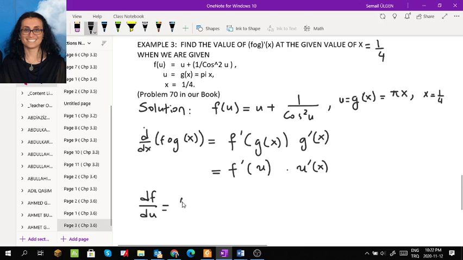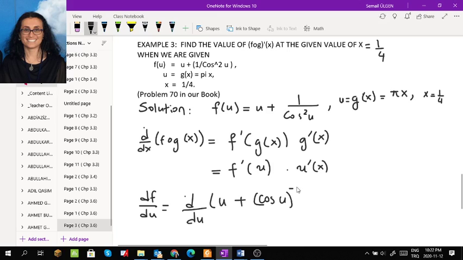df du is 1 plus, how would you take the derivative? Let's do it slowly so that you can follow. So I'm going to erase this. You should see what we are taking here. So here d over du of u plus cosine u to the negative 2.